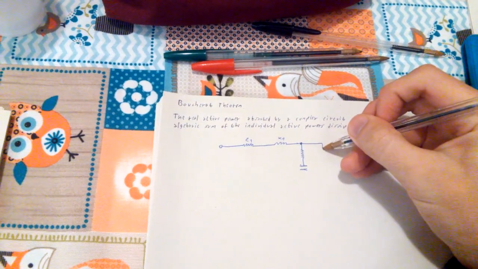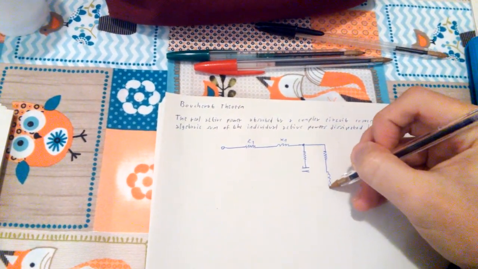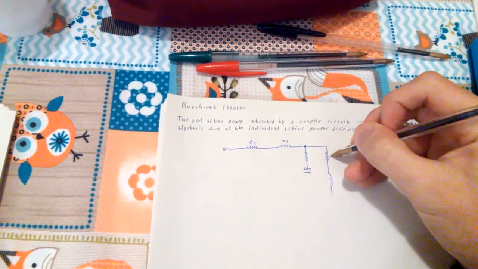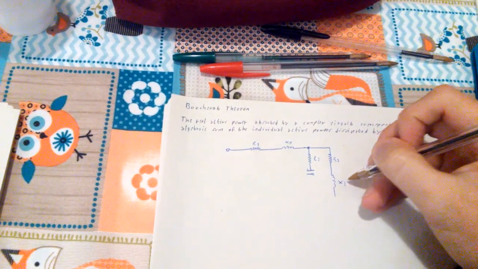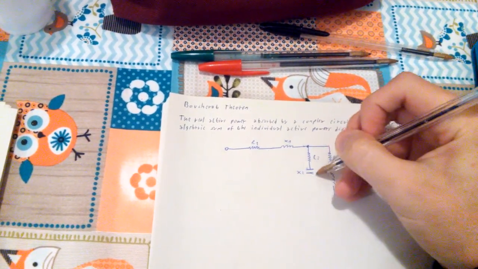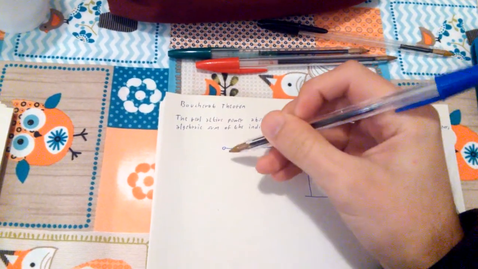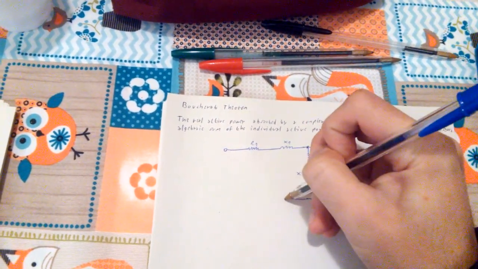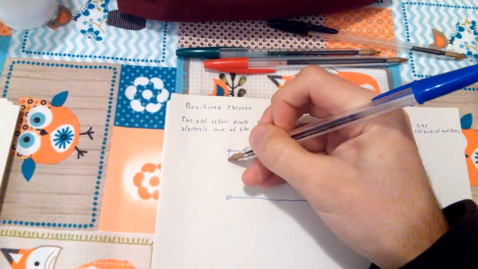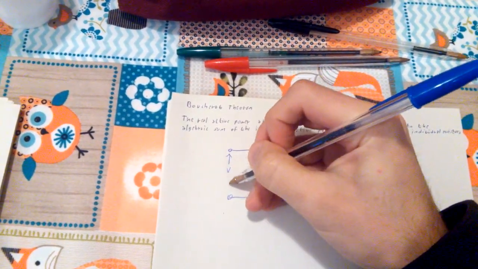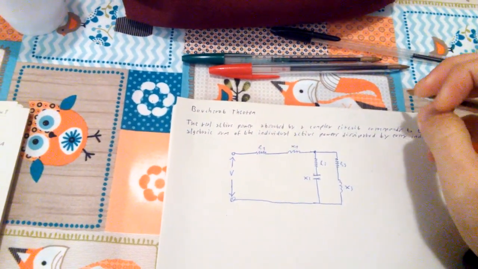And another resistor here, another inductor here. I'm going to call this R3 and this one R2, this one X3 and this one X2. And then I'm going to connect everything down all the way to here. I have V and V. Okay.